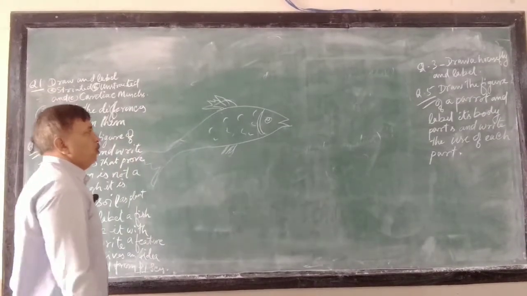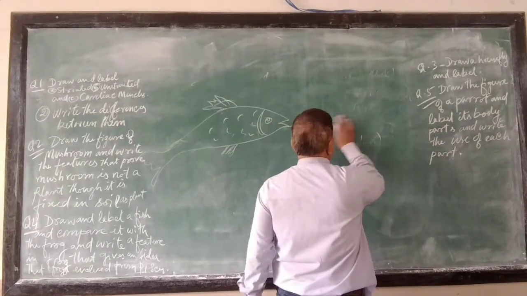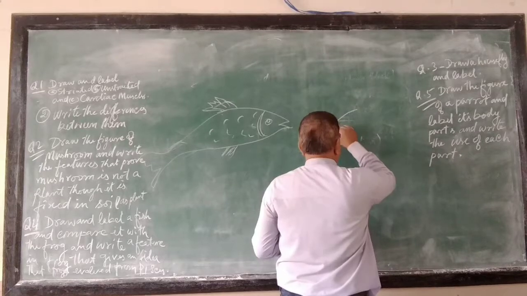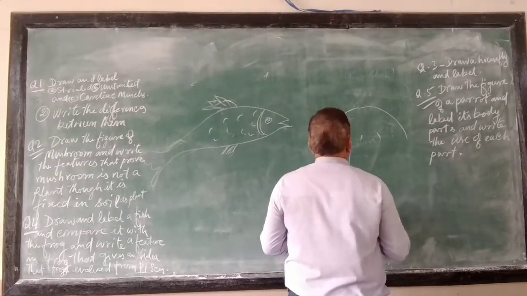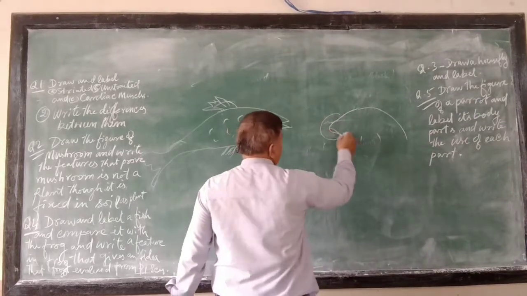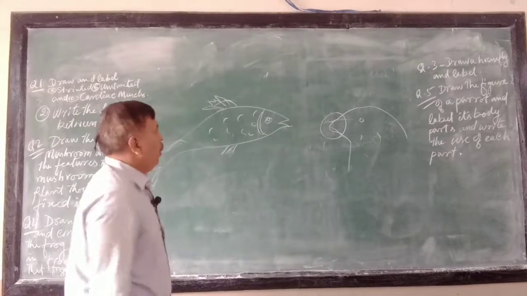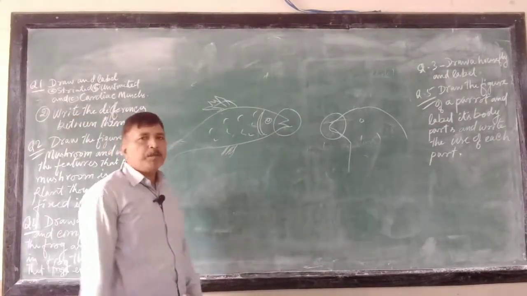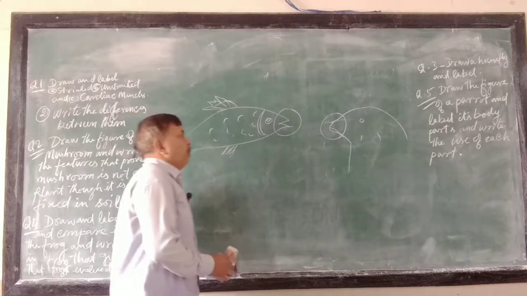And you draw the figure of a frog also. Right. So, first this portion and this portion you see is similar in frog and fish. Right. You compare their body. Clear?